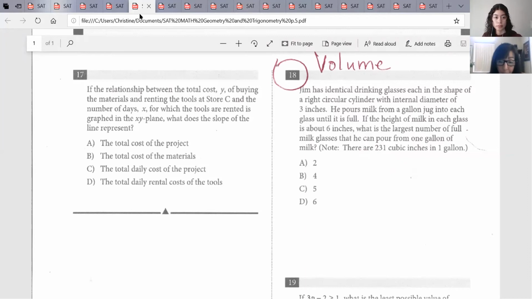If the height of the milk in each glass is about 6 inches, what is the largest number of full milk glasses that you can pour from 1 gallon of milk? Then they throw in this little extra curveball: 231 cubic inches is 1 gallon. So please draw your picture, because there is no picture. Label what you can, and in about 30 seconds, we will go to an explanation.